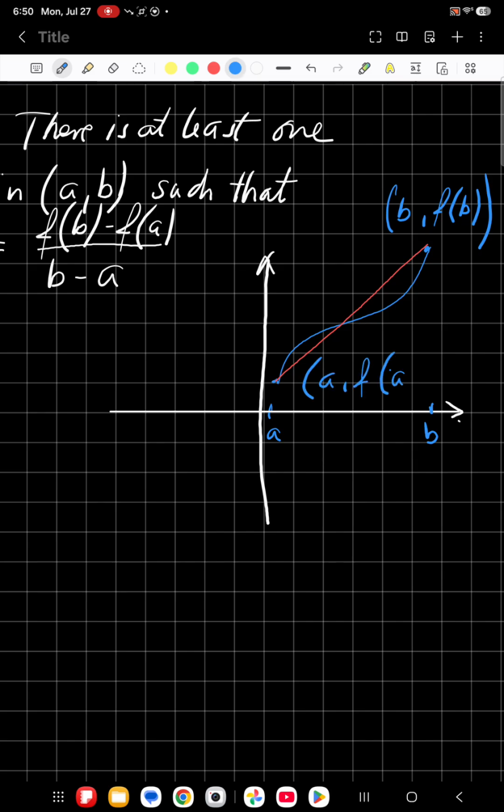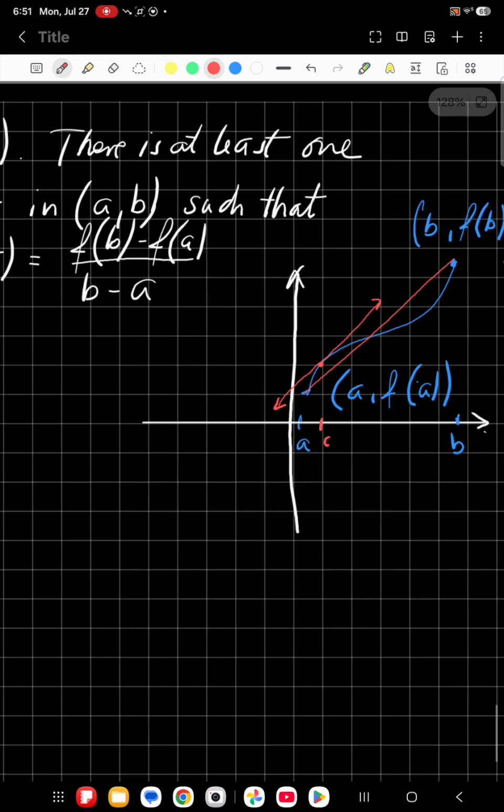So we have a secant line that connects those 2 points, and then the theorem says that in that interval there is another number c, and if I draw a tangent line to the curve at that point, those 2 slopes will be the same. That's what this says.